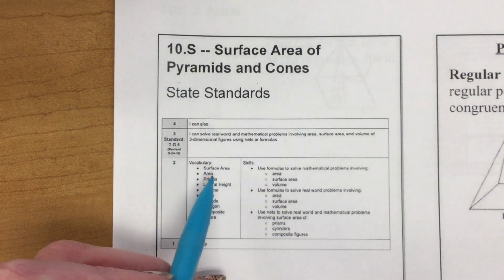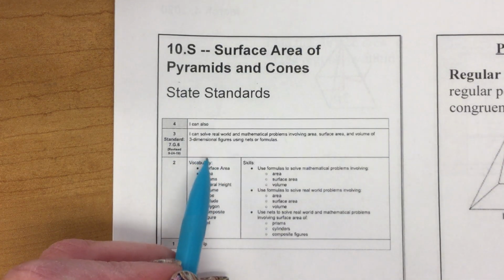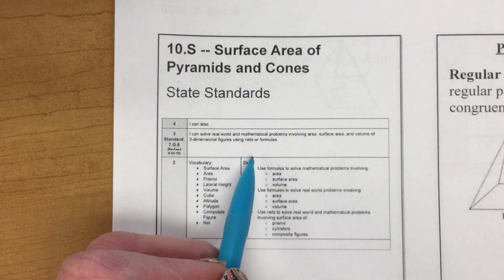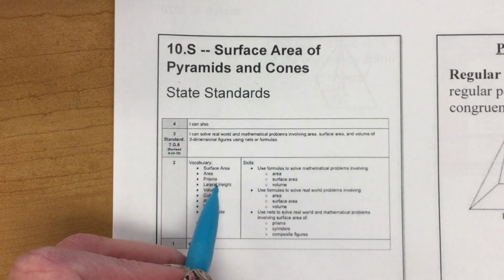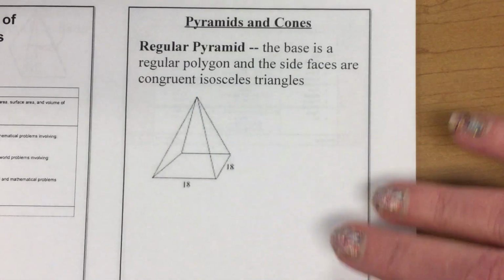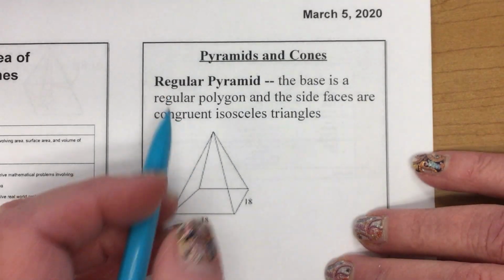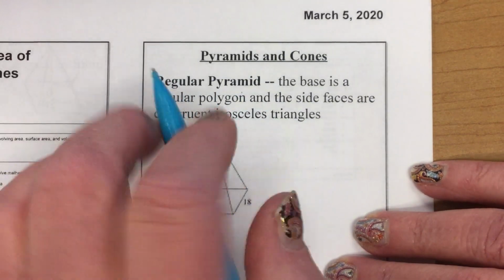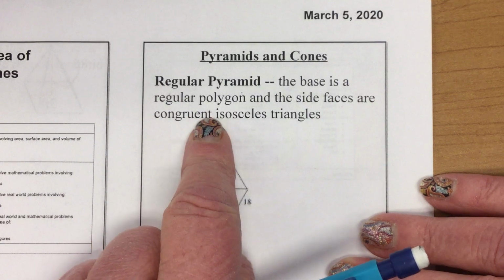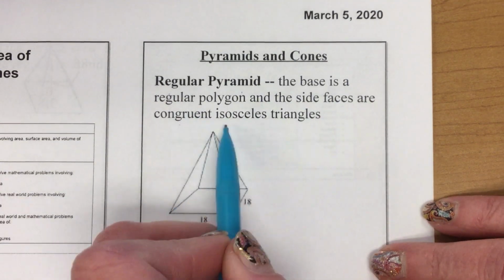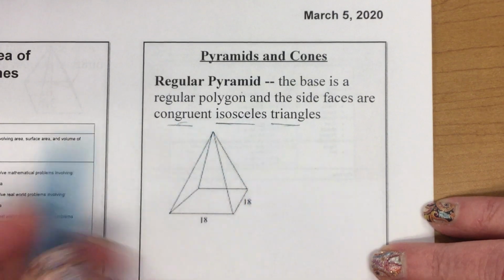Again, our state standard is that we can solve real-world problems and mathematical problems involving surface area. So here we go. A regular cone or regular pyramid, either one, we're going to do cones in a little bit. The base is a regular polygon and the side faces are congruent isosceles triangles.